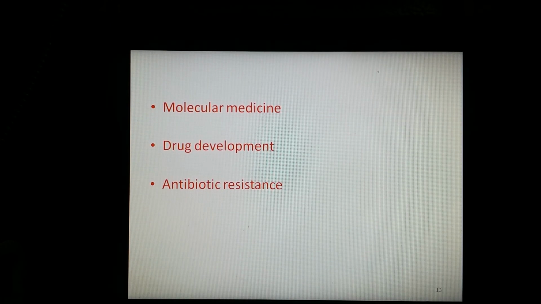Other applications of bioinformatics are the development of molecular medicine, and then drug development and antibiotic resistance. In antibiotic resistance, scientists are examining the genome of Enterococcus faecalis, which is a leading cause of bacterial infection among hospital patients.